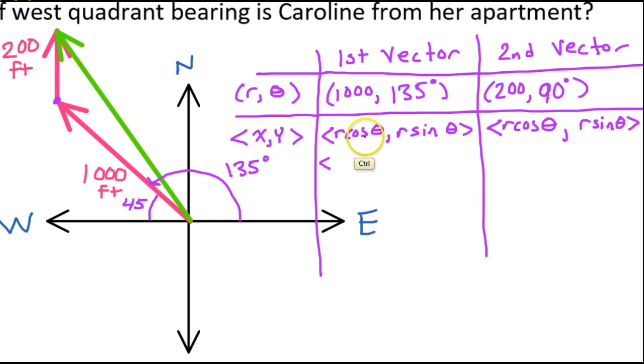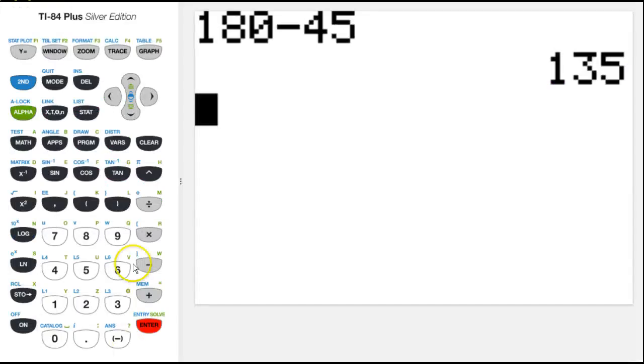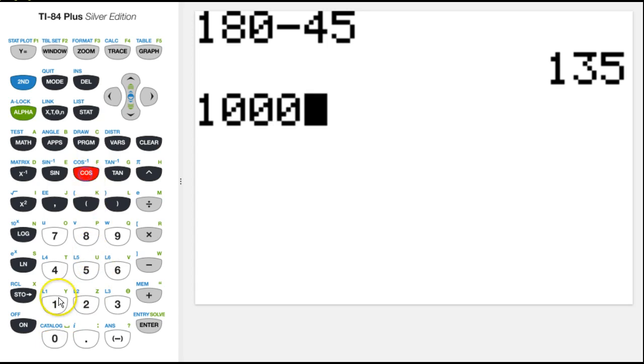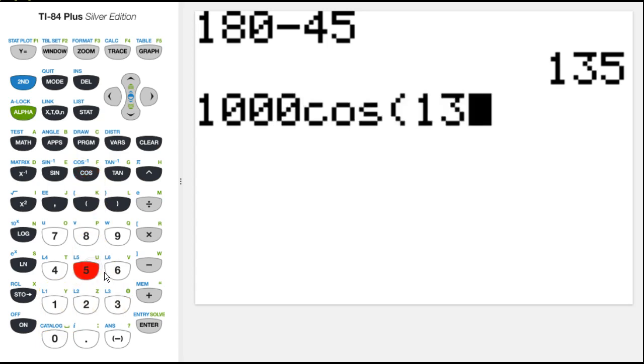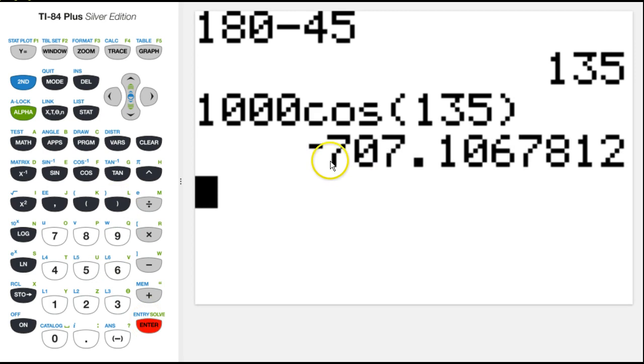Maybe I'll better write this down here. R cosine theta, we're talking about 1,000 cosine 135. I think I'll go straight for the calculator. So r cosine theta is 1,000 cosine 135. That gives me negative 707.1.